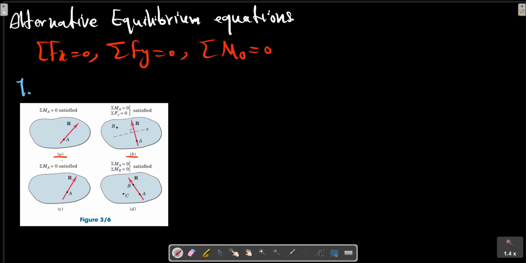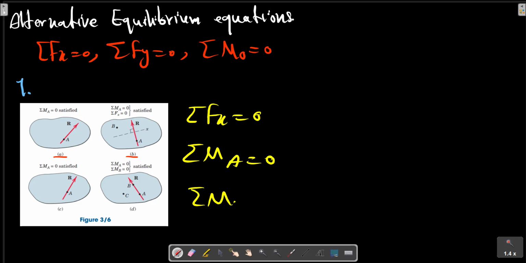Therefore, an alternative set of equilibrium equations is these three equations: an equation of forces, sigma MA equals 0, and also sigma MB equals 0, where the two points A and B must not lie on the line perpendicular to the x direction.